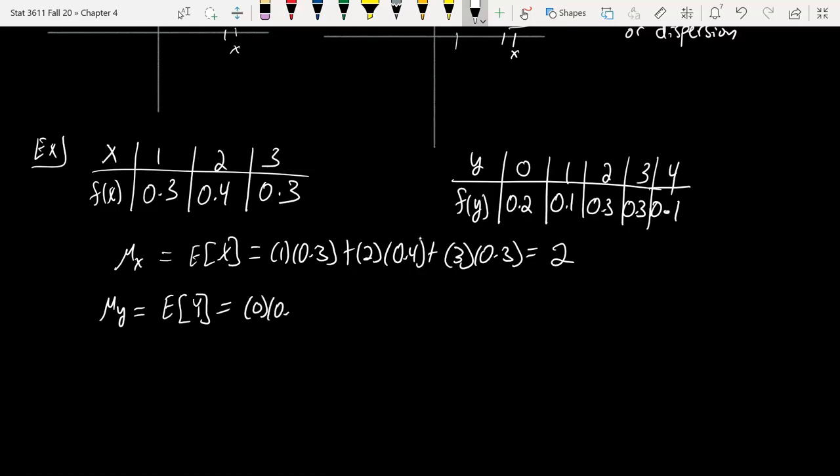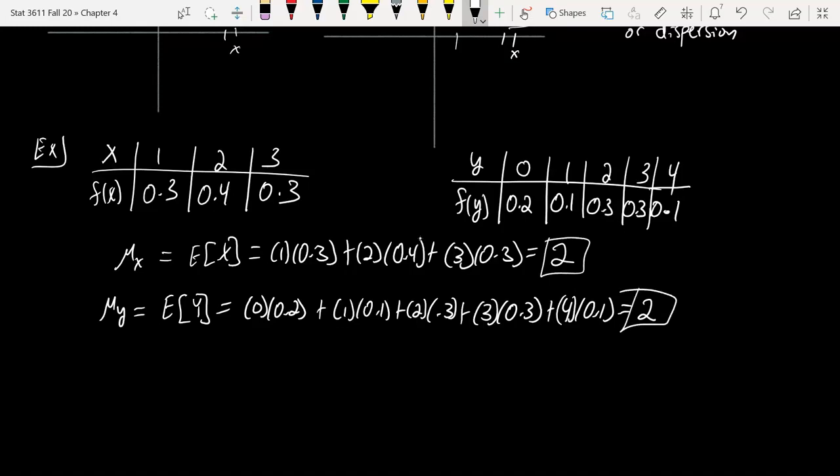That's 0 times 0.2, which is just 0, and then 1 times 0.1, 2 times 0.3, 3 times 0.3 plus 4 times 0.1, and I run that through a calculator, and sure enough, we get 2. Clearly different distributions that have the same mean.